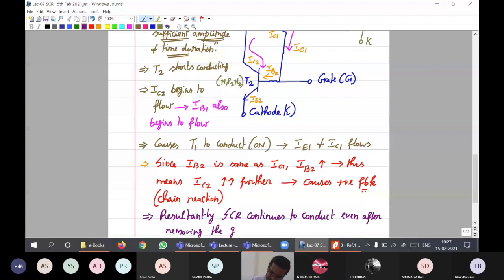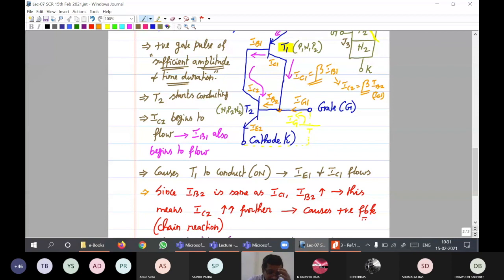So this completes the turn on mechanism. Any doubt? This completes the turn on process, and the way the SCR is triggered by applying a very small positive gate pulse of sufficient amplitude and time duration.